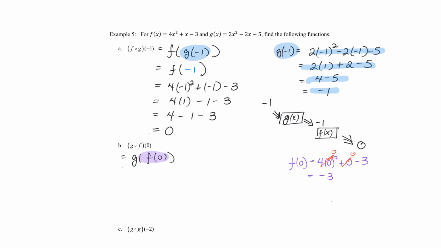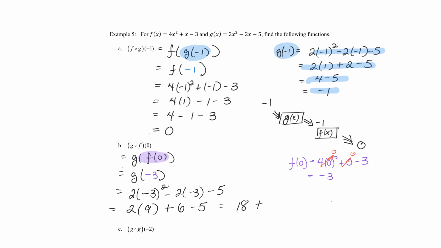So I am finding g of negative 3, which is equal to, following the rule, 2 times the input squared minus 2 times the input minus 5. So 2 times 9 plus 6 minus 5. 18 plus 6 minus 5 is 19. So g of f of 0 is equal to 19.